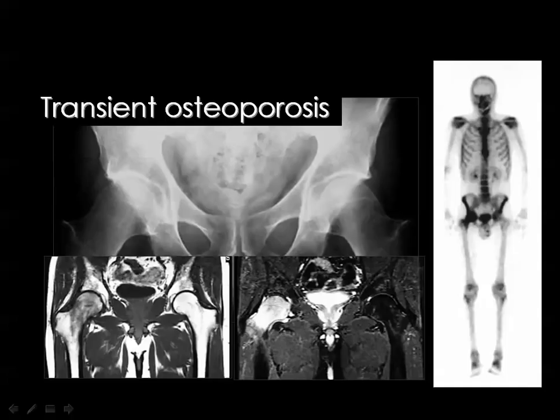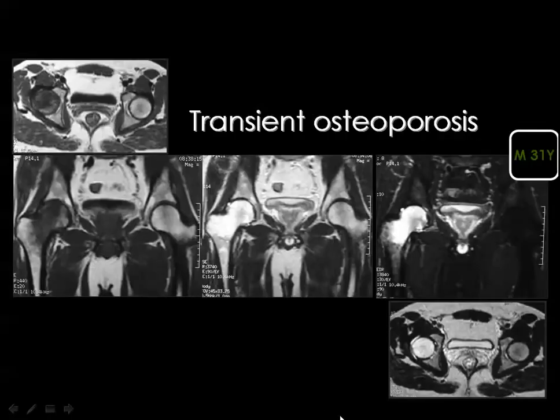But in the bone scan, you see the typical finding of increased uptake in the femoral head and neck, as you can see, compared to the opposite side. In the MRI, you see the classic picture of diffuse low signal in the femoral head and the neck on the affected side, which turned bright in the STIR images, and you appreciate the presence of synovial effusion.